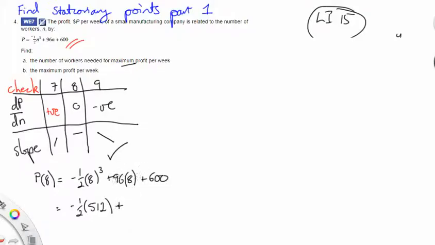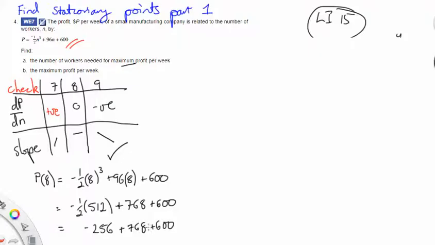Well, 100 times 8 is 800. 8 fours are 32, so what's 800 minus 32? So that's 768 plus 600. Alright, remember it's non-calculator. You've got to be good at your number skills. Half of 512 is 256, plus 768, plus 600.